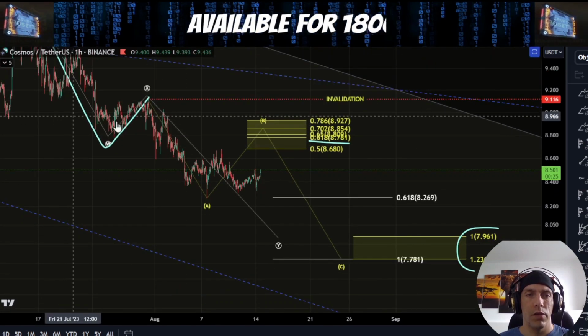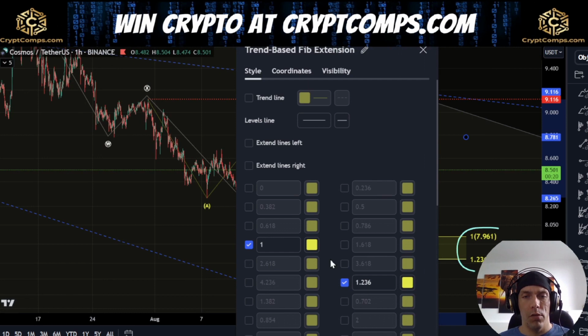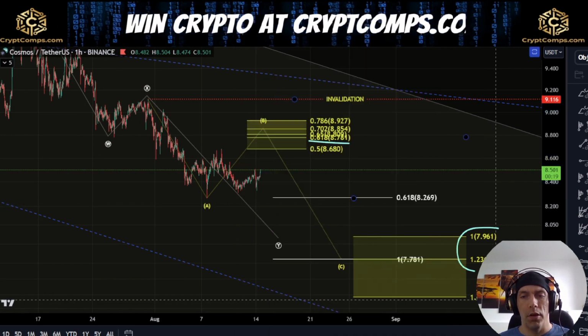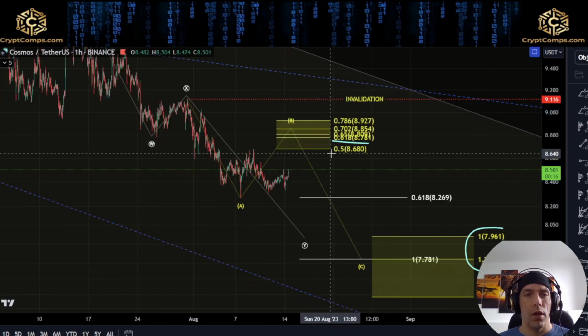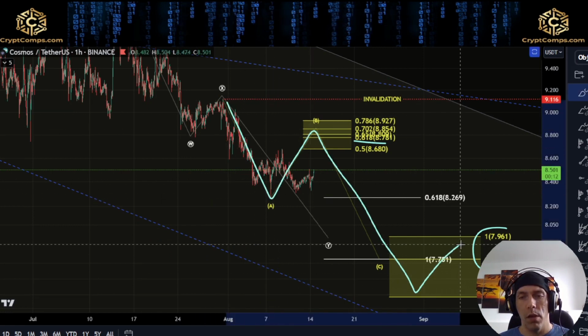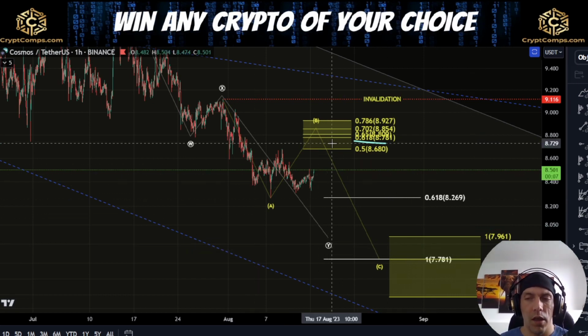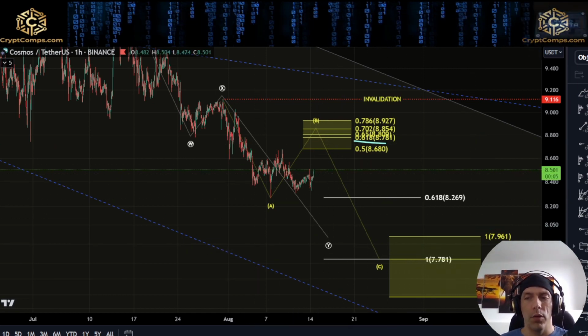If we do start to extend out here and push down past the 1.618 on this, however, what we need to be careful of is any kind of a move past this 749 would actually imply that we are potentially looking to extend here, where this becomes 1, 2, 3, 4, and 5, and then we'd be having a bigger trending move to the downside. So we want to stay away from that if we are looking for that possibility of a reversal.